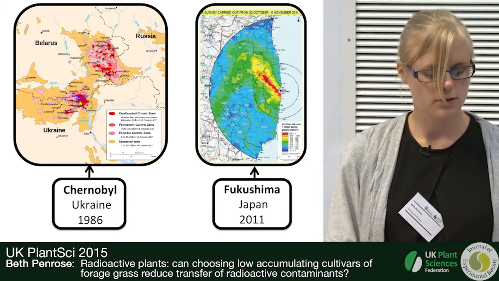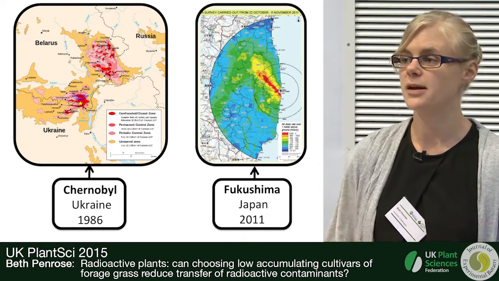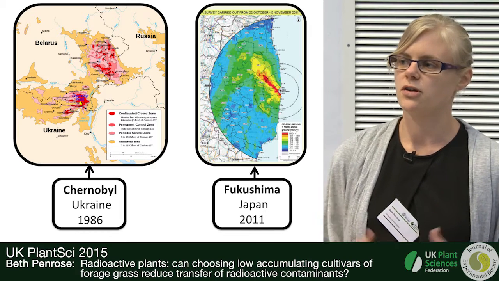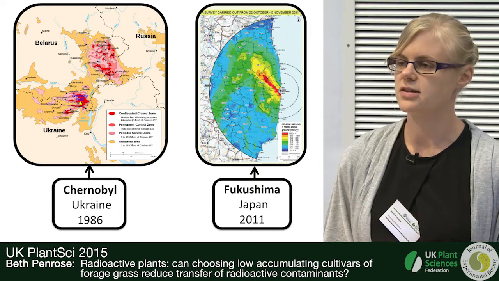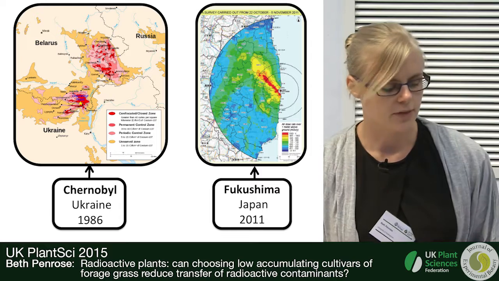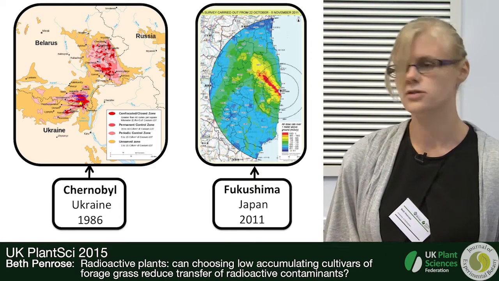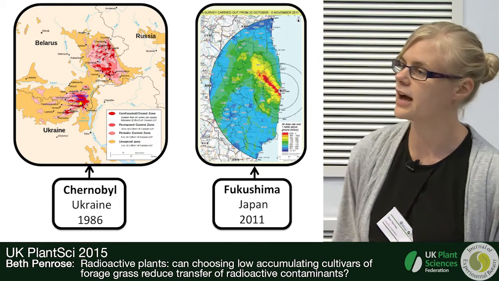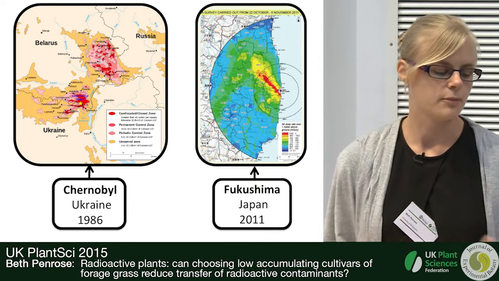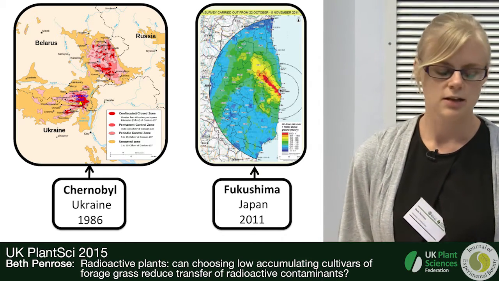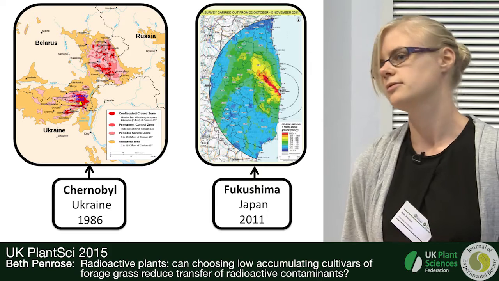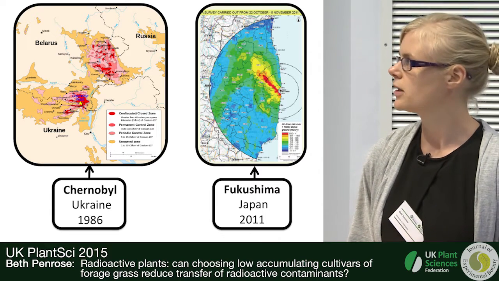So for those of you who don't know, there are various places in the world which are contaminated with radioactive isotopes. These include Chernobyl in Ukraine, where they had a nuclear power plant accident in 1986, and Fukushima in Japan in 2011.